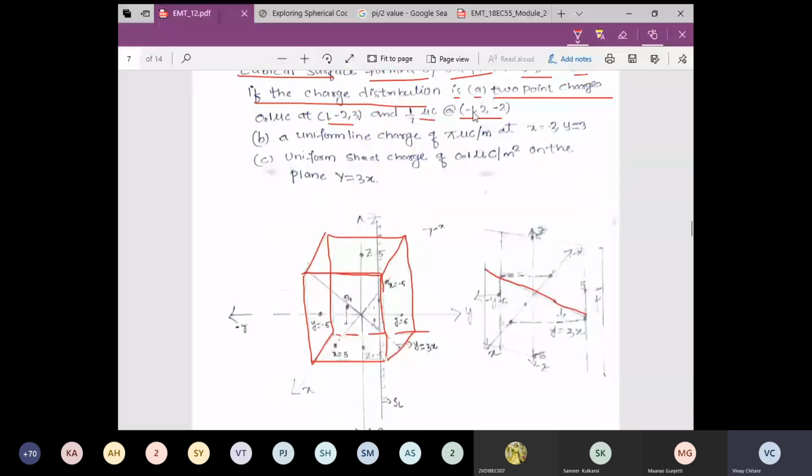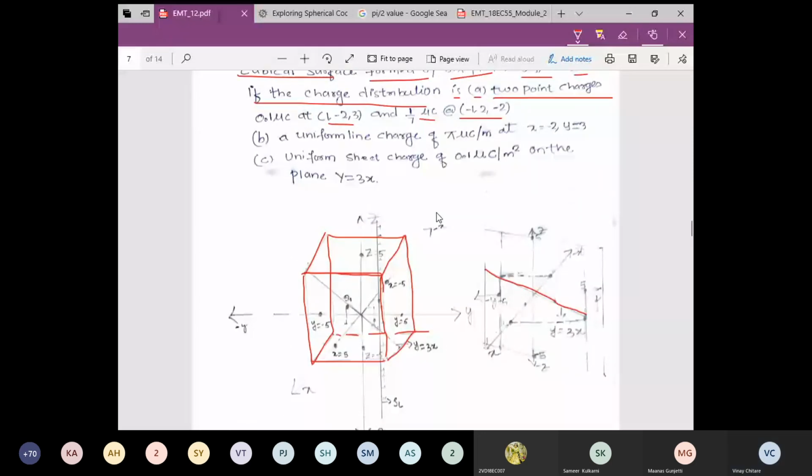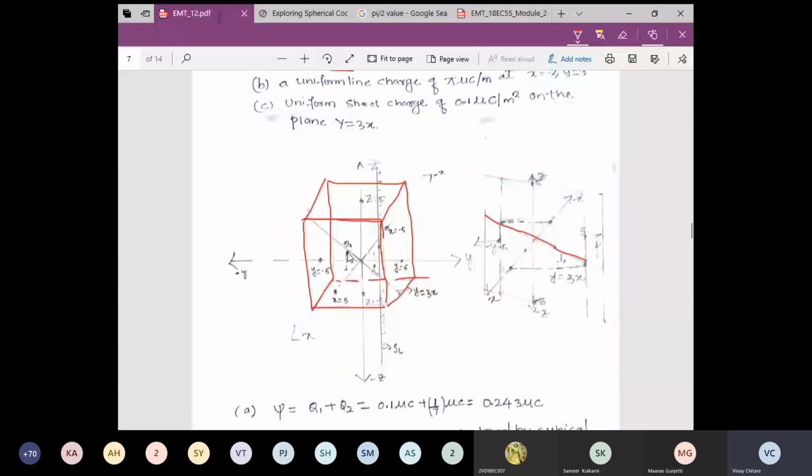And similarly q2 is at (-1, 2, -2). So 1 along negative x, 2 along y, and minus 2 along z. That is what we have as q2 here and q1 here.